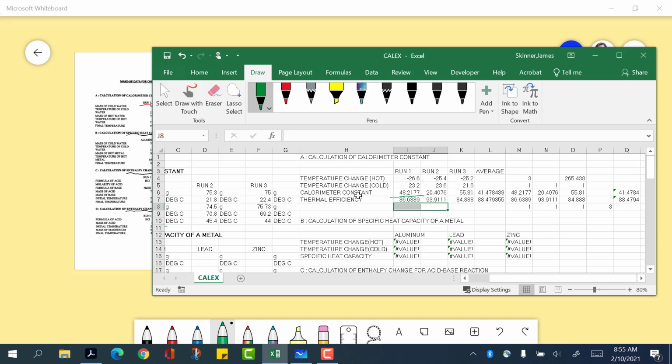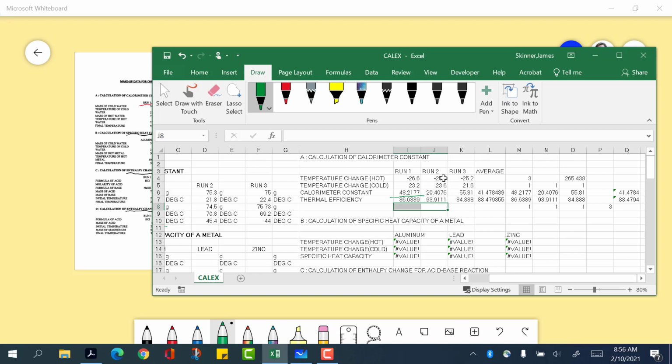So since this part's a little bit tricky here, they try and get a good average calorimeter constant. So if you were doing this in lab, you'd want your runs to be as close together. Whatever happened there on run number 2, maybe they didn't wait long enough to get a good final temperature reading.